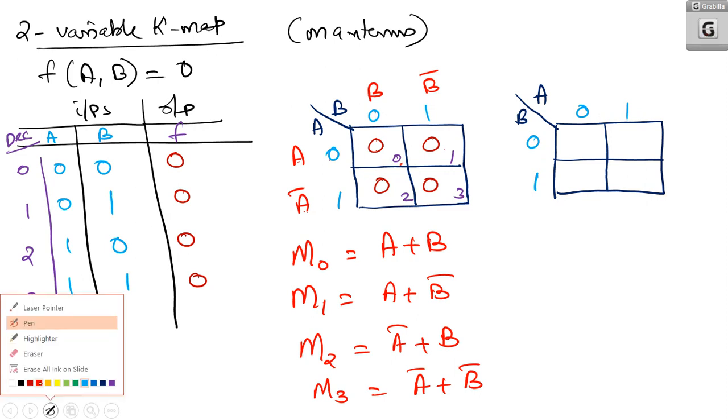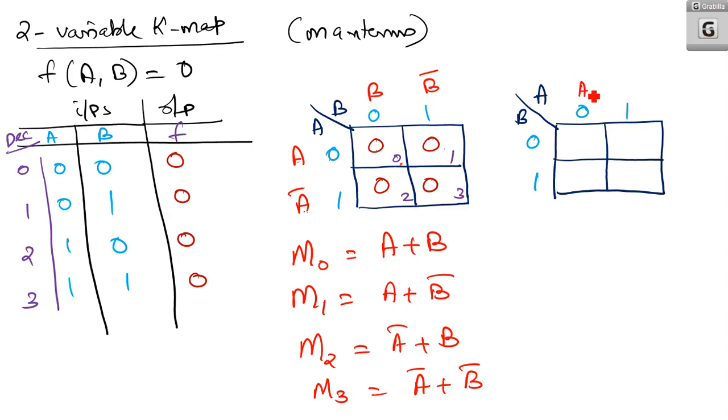Again, this is A bar, A, and this is B bar, B. Now to write the corresponding decimals, you should count like this: A is 0, B is 0, the value is 0. A is 0, B is 1, the value is 1.